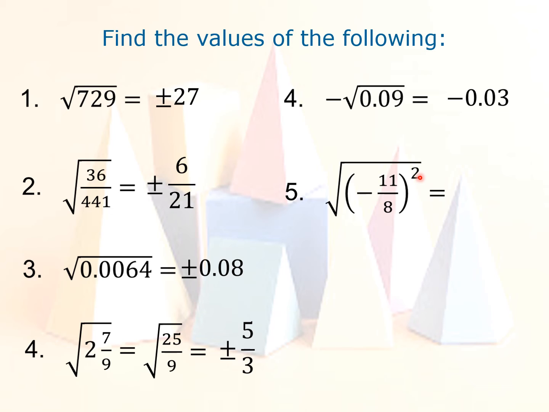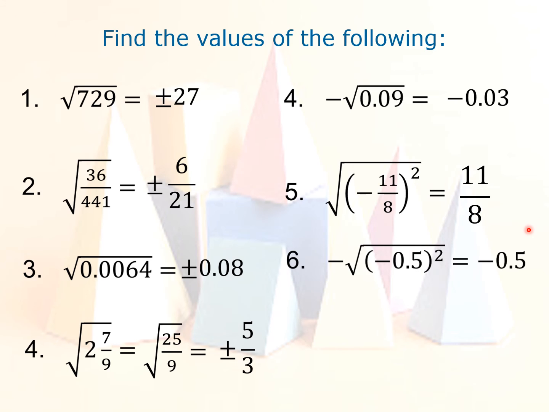Here we just need the absolute value of this number, so we have 11 over 8. And for number 6, we have a negative symbol before the square root. For this one, we just take the positive or absolute value, so 0.5. Since there is a negative here, the final answer is negative 0.5.